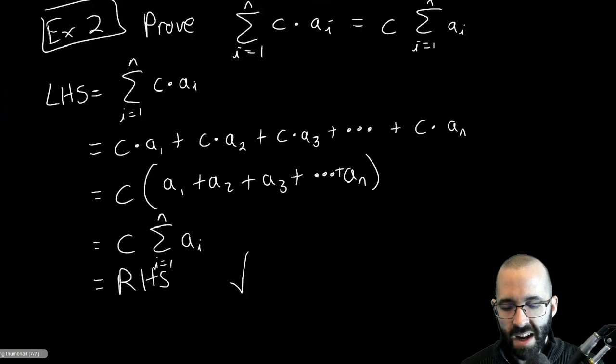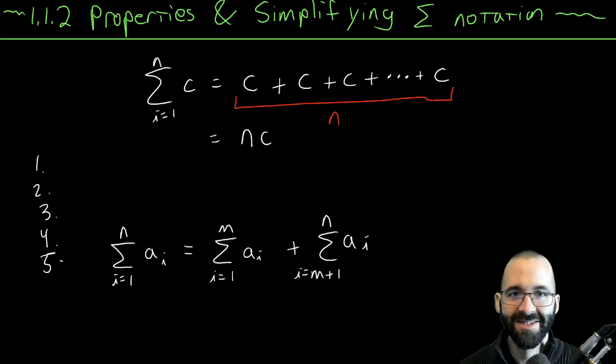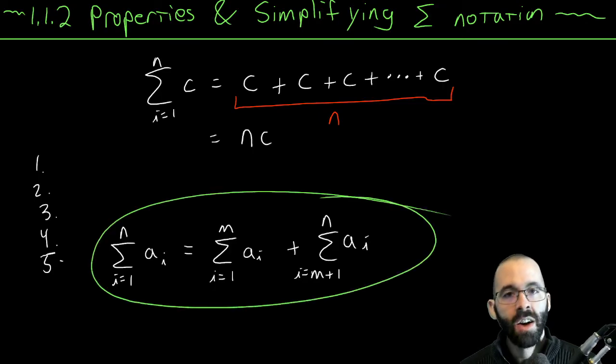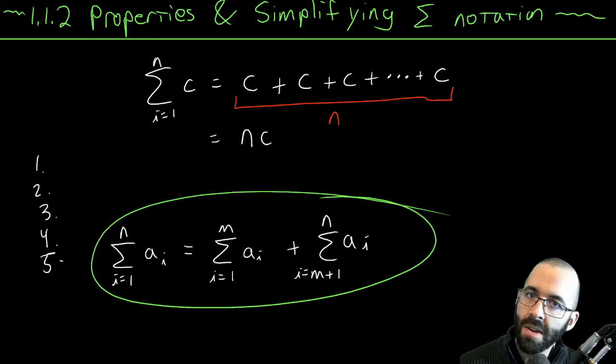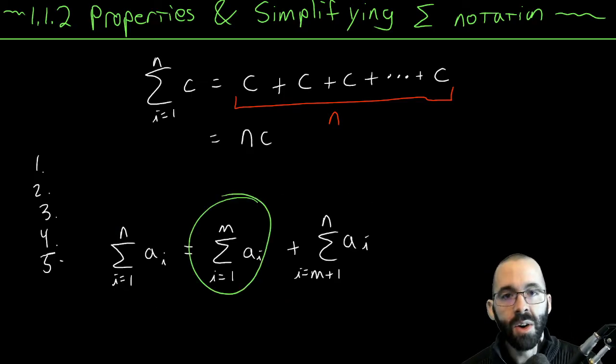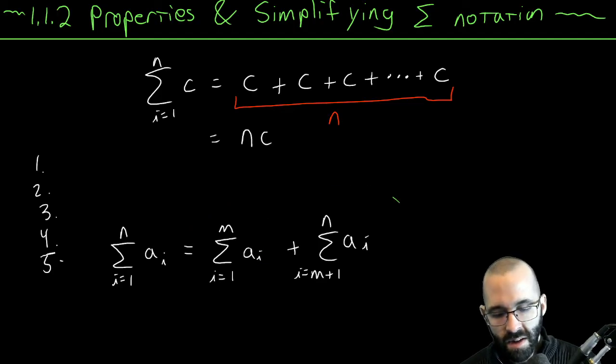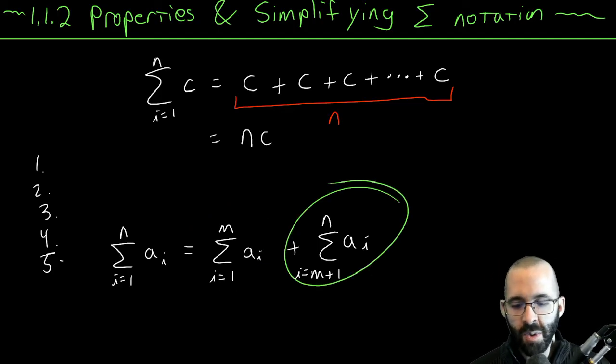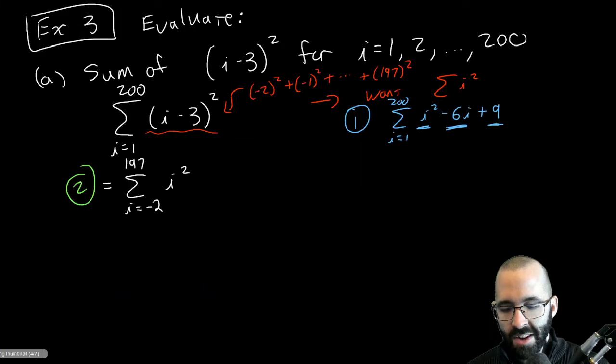And that's where property 5 comes into play. We can split it up. Right? We have negative 2 up to 197. Well, let's just take out the first couple terms and then write it as the sum from 1 to 197. And then we can make things a lot easier on ourselves. Right?